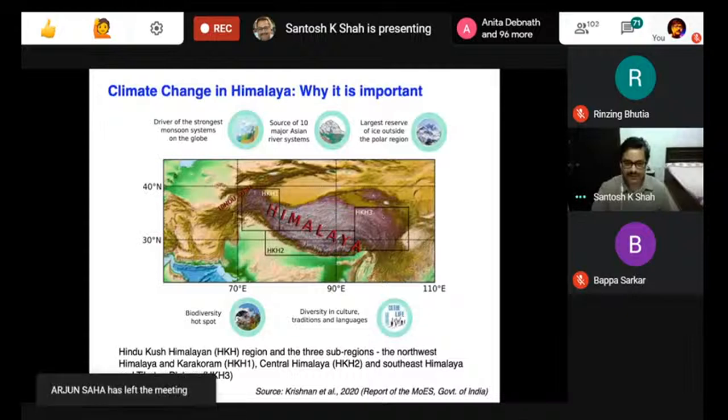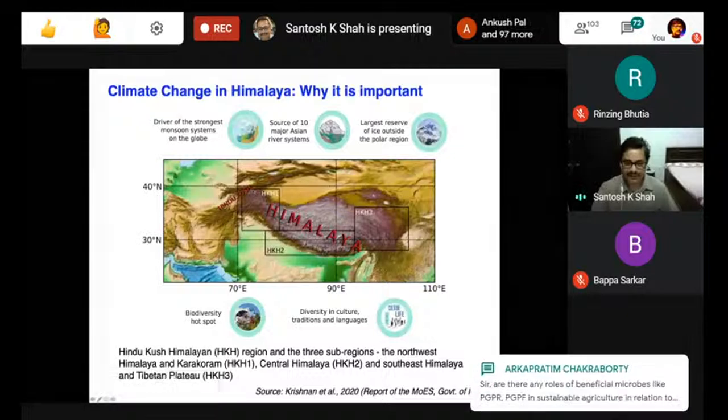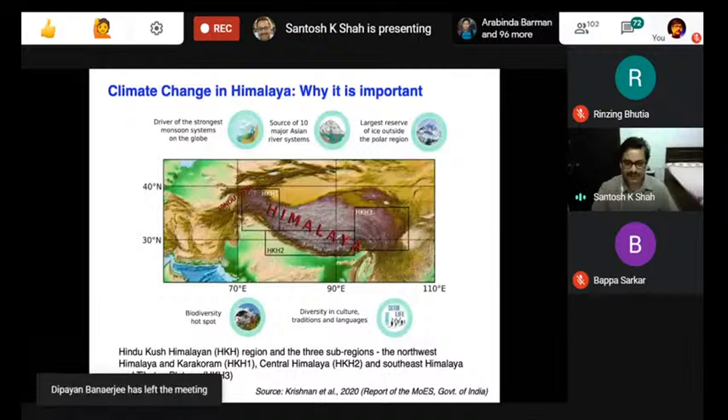And another thing is, even we have read at school level that this Himalaya is important because it controls the monsoon system of India. The Himalaya is very important to study for climate change. I already said there are 10 major river basins of India.